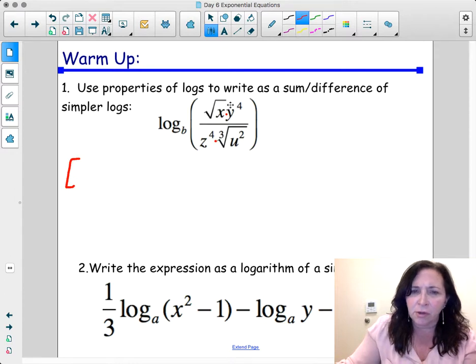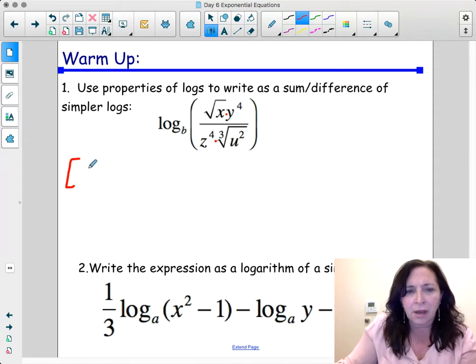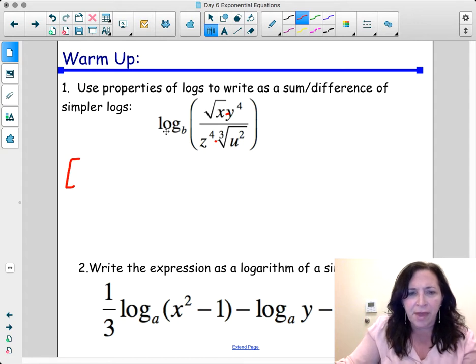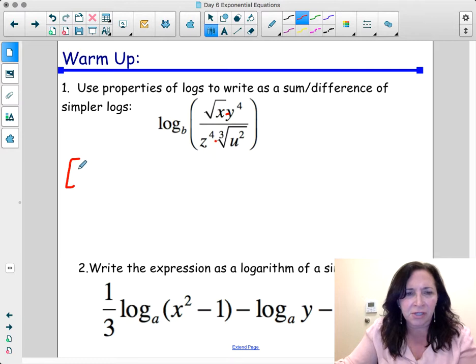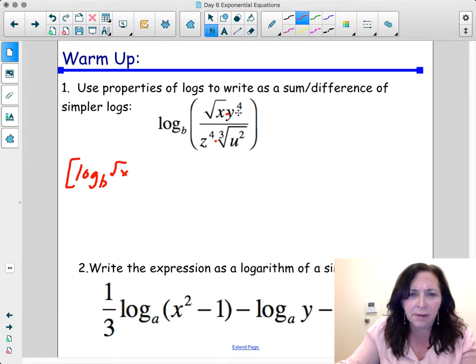So I'm going to first separate the numerator from the denominator, and then I'm going to separate this times in here into 2 plus equations. Remember that the log base b is all going to have the same base, so you're not going to be changing that. So we have log base b of the square root of x, plus log base b of y to the 4th power.